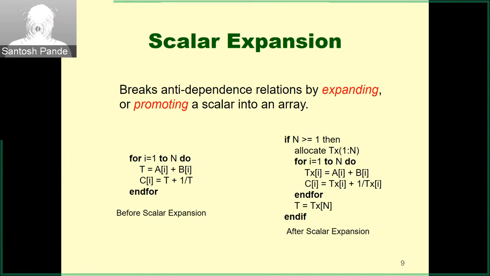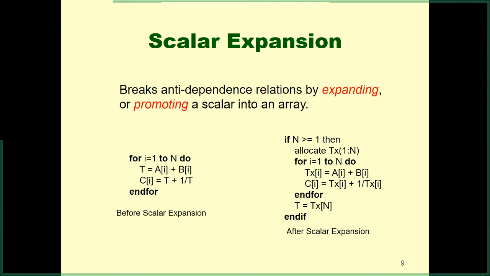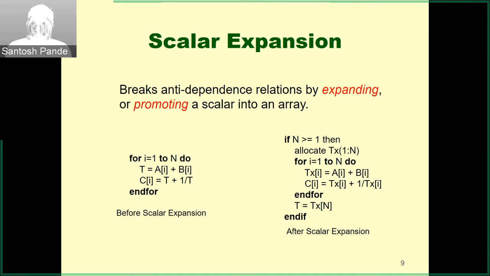A general form of this is also called privatization. Why is it called privatization? The only thing going on in the original code is implementing the flow dependence via T. The unfortunate consequence of anti-dependence was just because of the namespace of T. So if we allocate each iteration separately to a core and allocate T privately to each of those cores, the effect is exactly the same as the transformation on the right hand side.